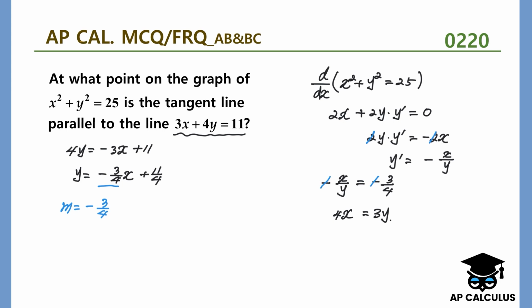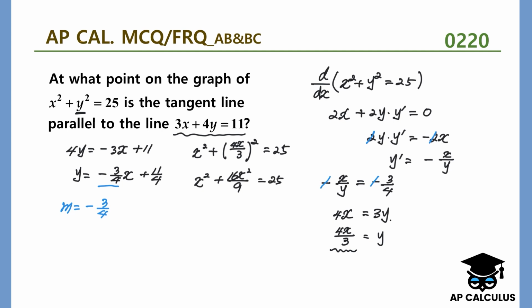line. Okay, so here y is equal to 4x over 3, right? Substitute 4x over 3 for y here. So we have x squared plus y squared, that's 4x over 3 squared, is equal to 25, right? That's x squared plus 16x squared over 9 is equal to 25.